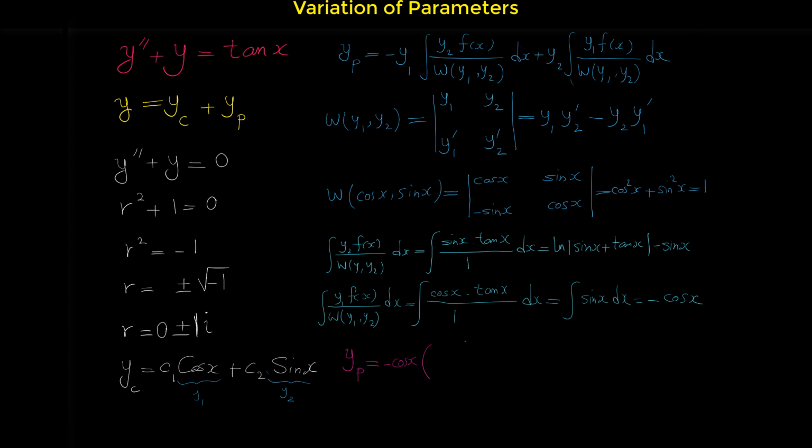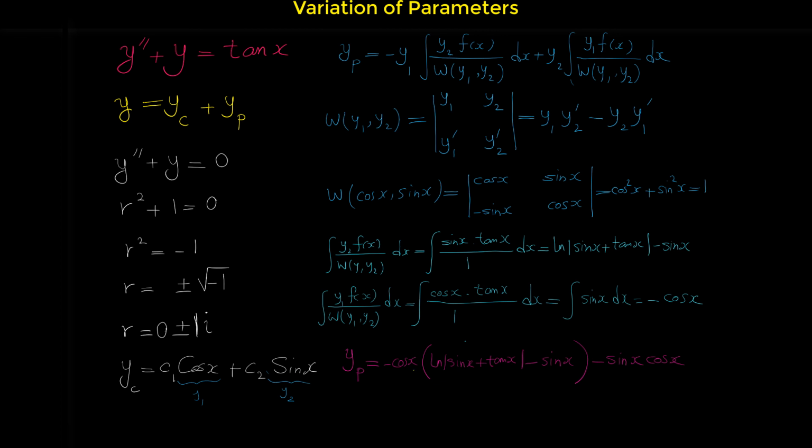As we see here, this integral equals ln of secant of x plus tangent of x minus sine of x, plus y2, which is sine x, times the other integral, which is negative cosine x. So let me make this negative sine x cosine x.